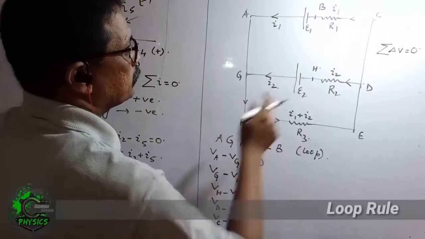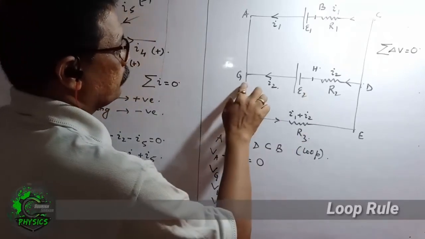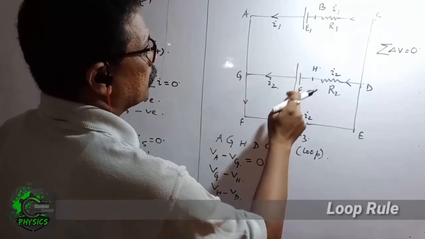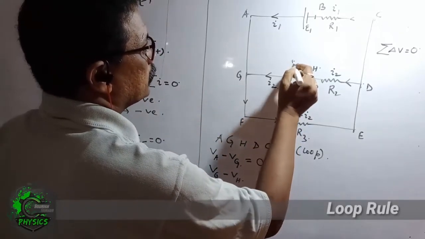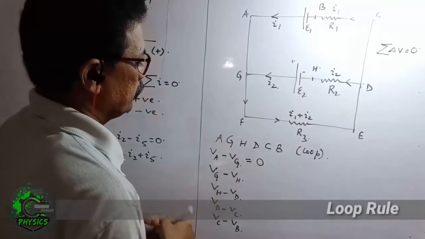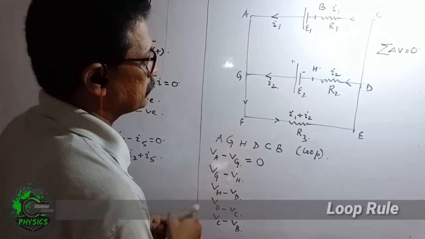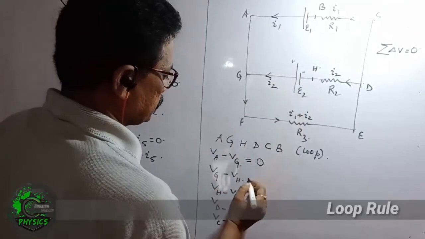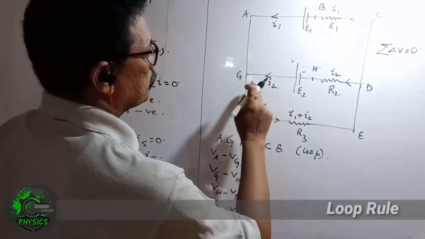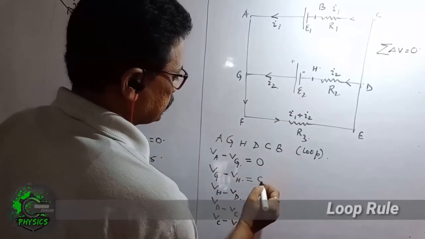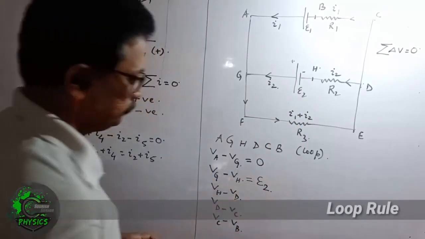Between the points G and H, two terminals of cells are there. One is positive, one is negative. So G is at higher potential, H is at lower potential. So VG minus VH will be positive because bigger minus smaller is positive, and the voltage is considered as E2.